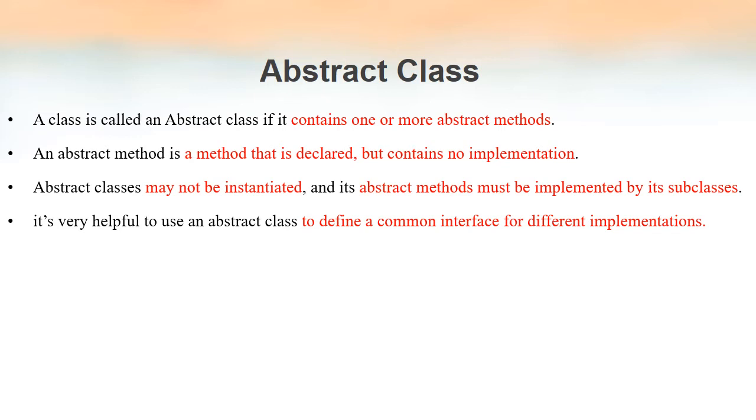Suppose I am writing a program for all these banks: the class for SBI, class for HDFC, class for Federal Bank, class for ICICI. All these classes inherit the abstract class Bank. Since there is an abstract method, get rate of interest, that I have written inside the class Bank, this method must be there in all these subclasses, but the rate of interest returned by these methods inside each class can be different.